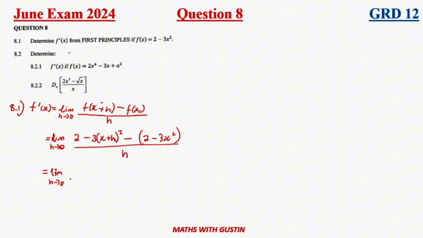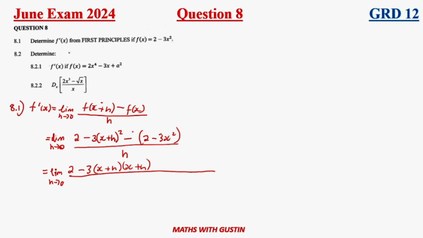So the most critical thing, like I said, is substitution. After substitution, the only thing you have to do is expand and simplify. Minus 3, then we need to expand this one using the binomial and remove the bracket.